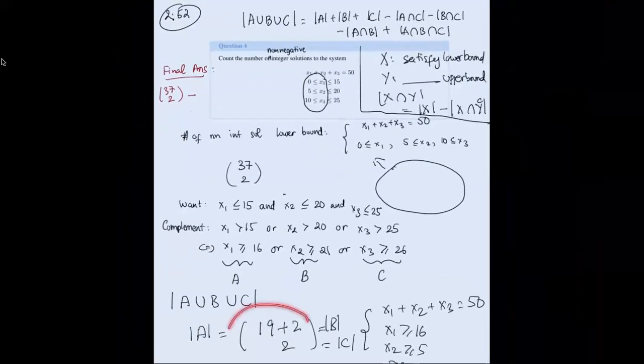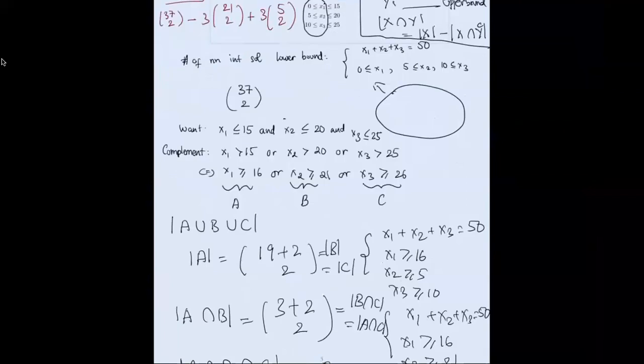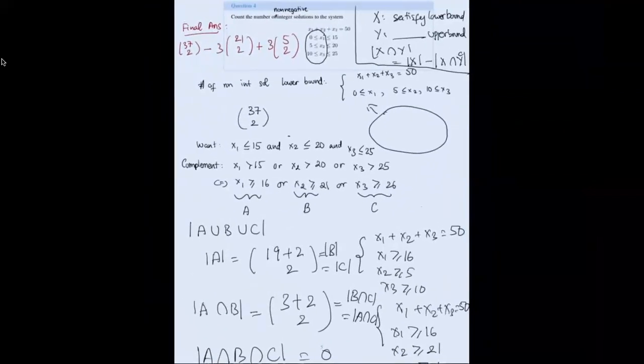So I want to subtract this one 3 times. And then I want to add the cardinality of the intersections. And then if I subtract the cardinality of the triple intersection, then it will be 0.